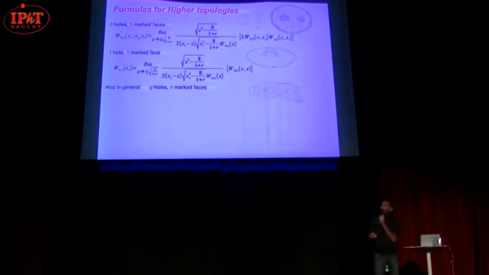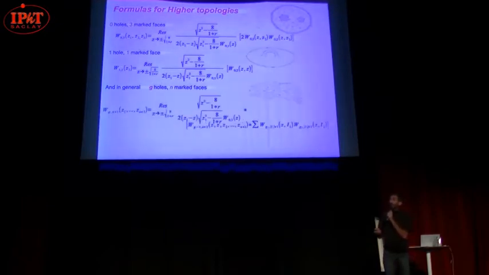And the general situation, G and N marked faces, will take more or less the same form. Again, there is a residue formula with the same prefactor, and what changes is only what is inside the bracket. This formula allows us to compute recursively all WGNs, and the recursion is on the Euler characteristic.